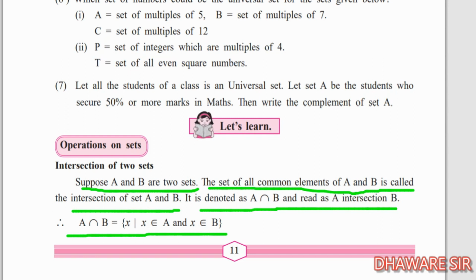Let us see how we can write this using the Word document. A is equal to, in curly brackets, 1, 2, 3, 4, 5, 6. We can write up to 7 also. So this is our set A having the elements 1, 2, 3, 4, 5, 6.